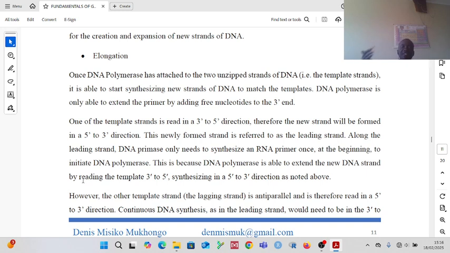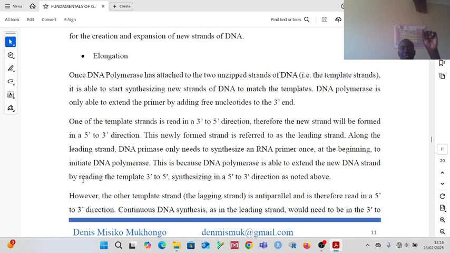It adds reading the template strand and on the basis of base complementarity, beginning to add the complementary base. So if the template strand has A, it will put T because A has its complementary base as T.